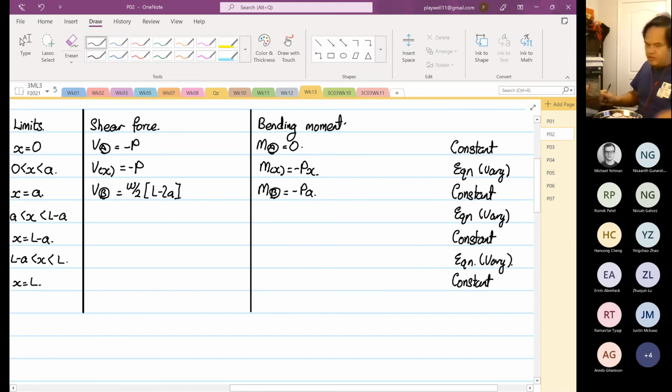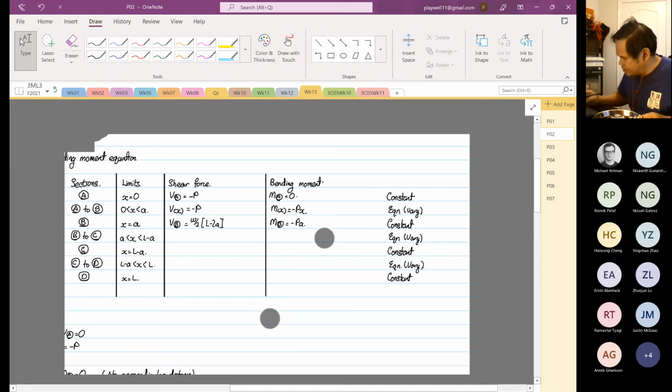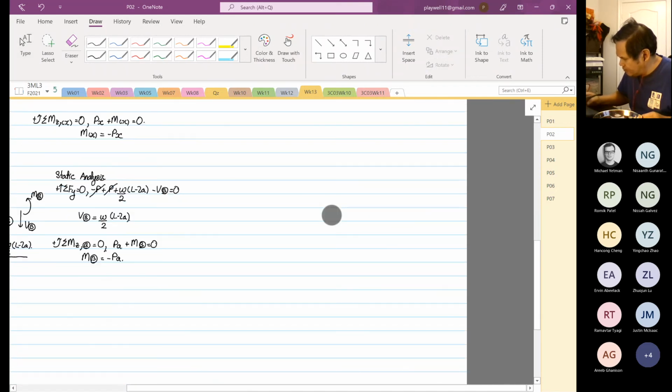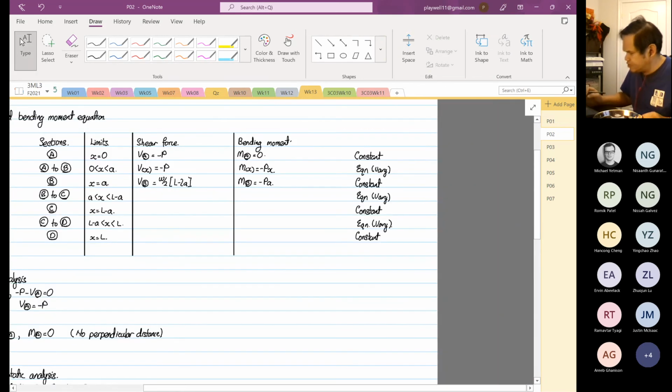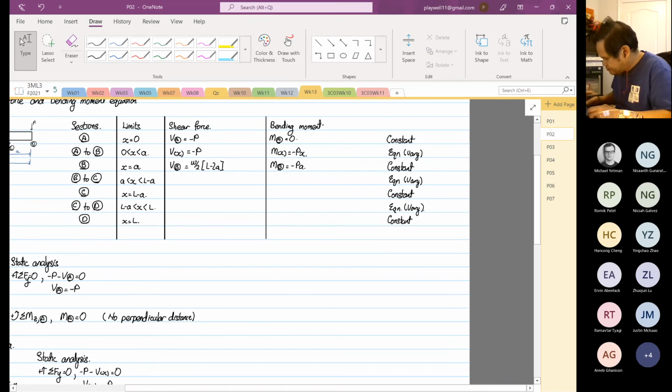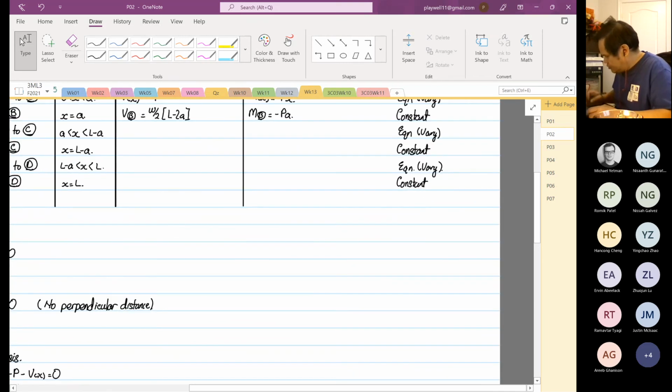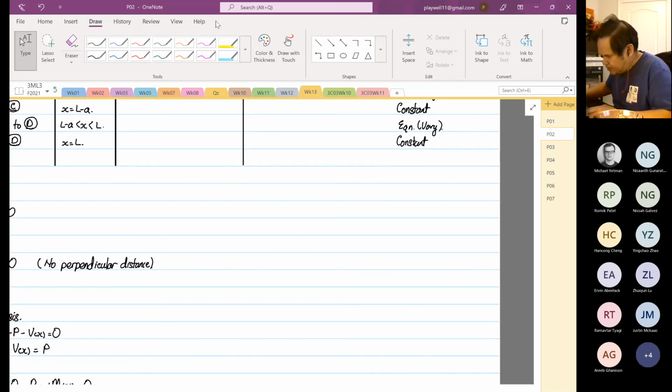Okay, I'm going to stop forming the equation down here. And I'm going to sketch the shear force and bending moment equation. So I'm going to go into graphing.